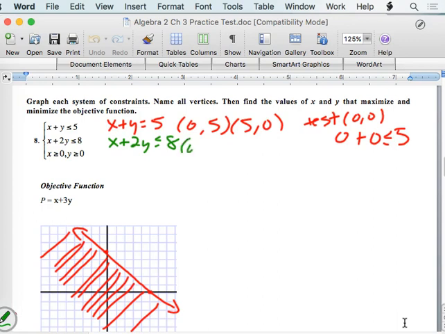So our zeros, if x is gone, 2 times something needs to be 8. So what's the something? 4. If y is gone because it's 0, what does x have to be? 8, yeah, because it has to say 8 equals 8. So for the boundary line we will use 0, 4 and 8, 0.